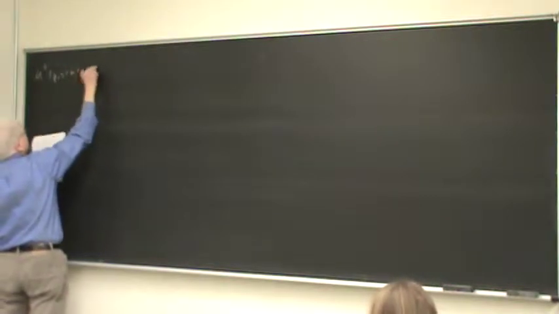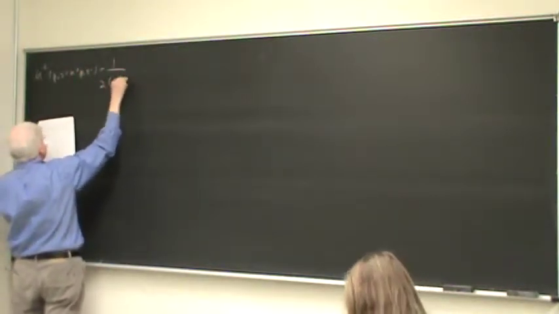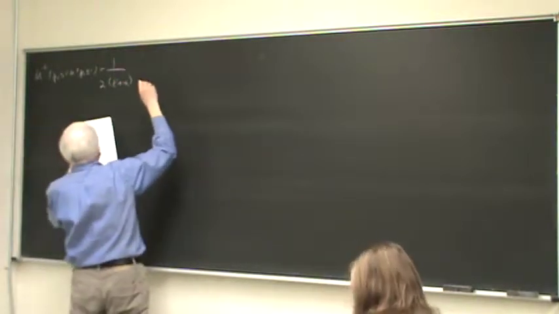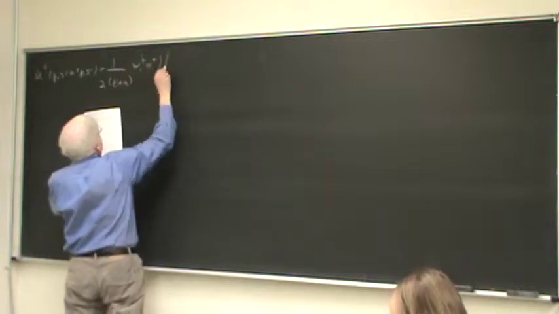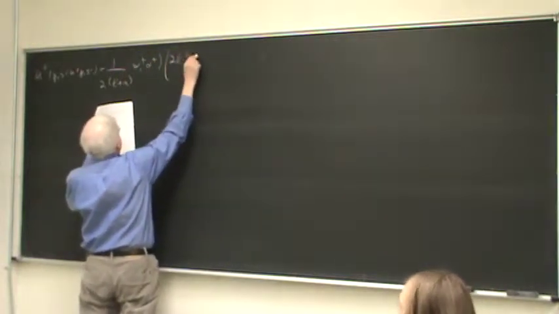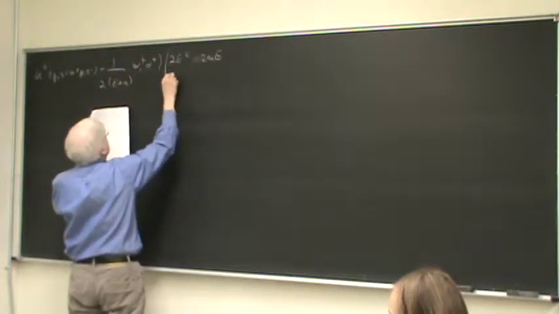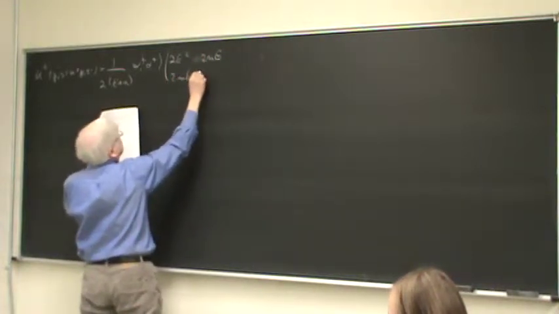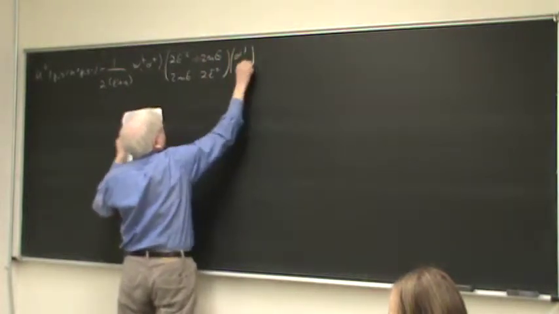It's now fairly straightforward. It's then u dagger of p s, u of p s prime is 1 over 2e plus m, alpha dagger, then 2e squared, alpha prime.